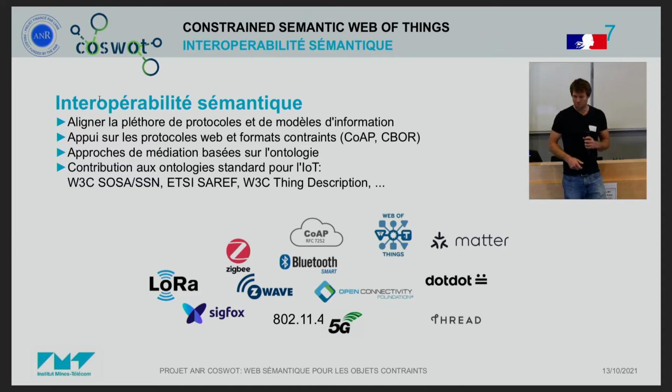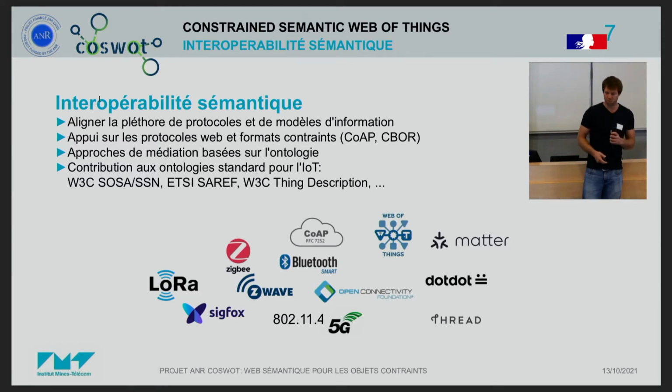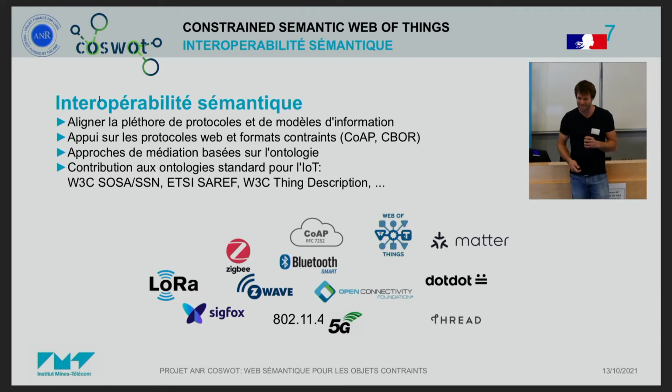And to choose those ontologies, we have in the past contributed to some ontologies at the W3C, like SSN for Semantic Sensor Network, at ETSI, like the Smart Applications Reference Ontology, or in the W3C also the Thing Description Ontology.